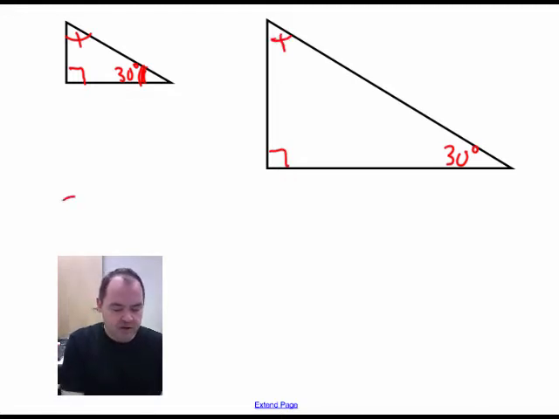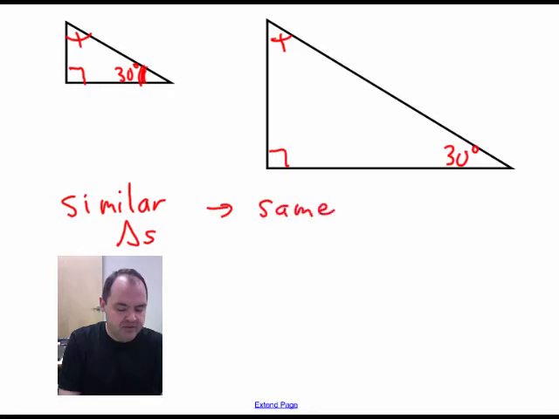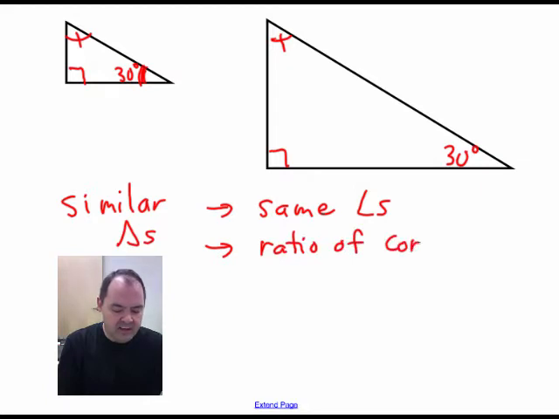Now you remember that triangles which have the same angles are called similar triangles. And the other thing we know about similar triangles is that the ratio of corresponding sides is equal.